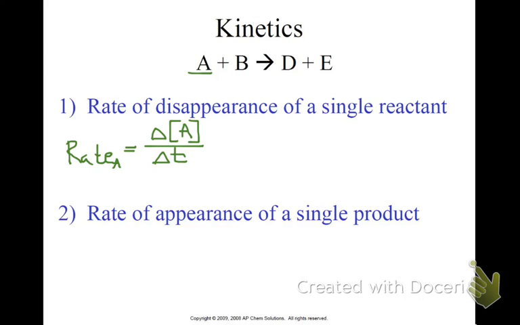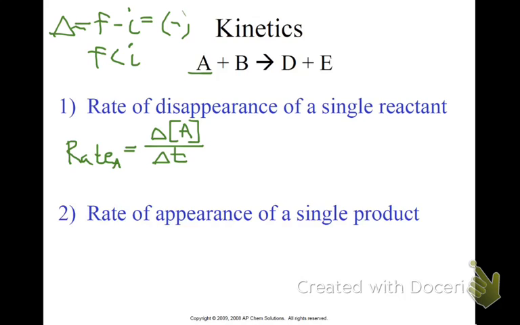Keep in mind, delta is always final minus initial. If we look at the change in concentration of A, its final concentration is going to be less than its initial concentration because it's disappearing and forming into D and E. And if its final concentration is less than its initial, then final minus initial is going to give us a negative number.